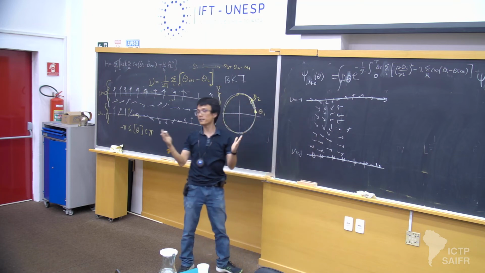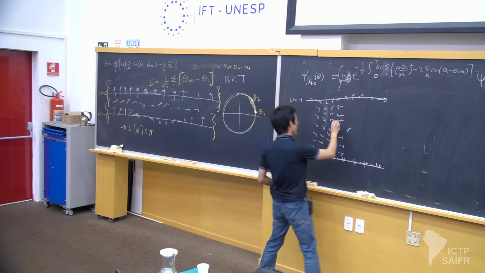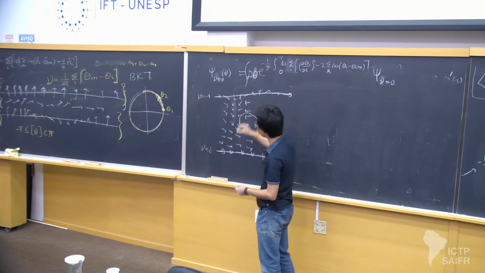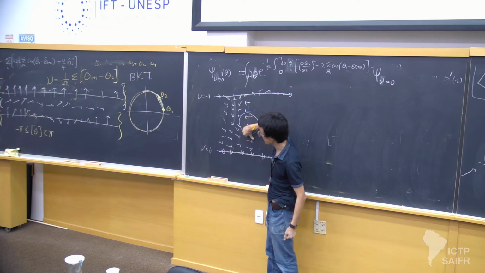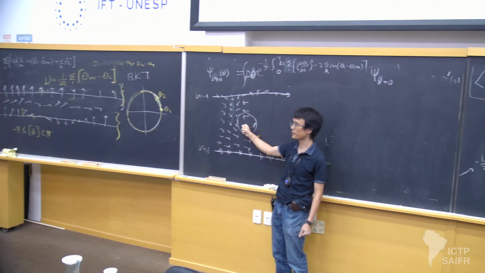I don't know, the nice picture is in the lecture note. But basically, there's a winding of the phase of the rotor around this point in space, at a localized point in space and time.